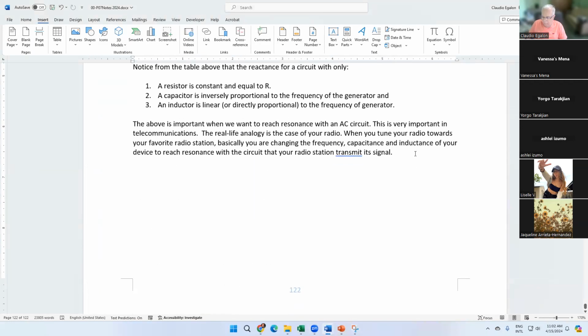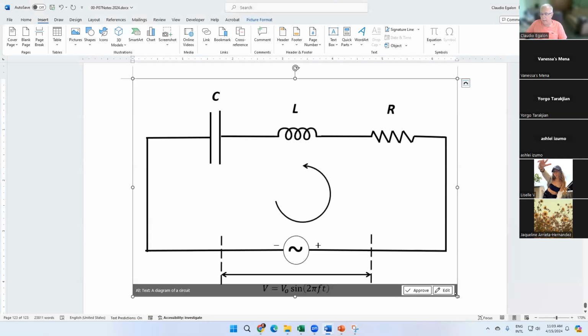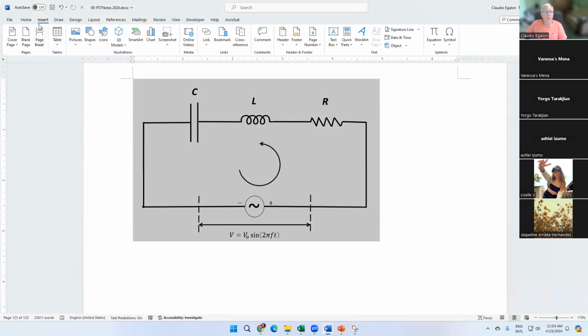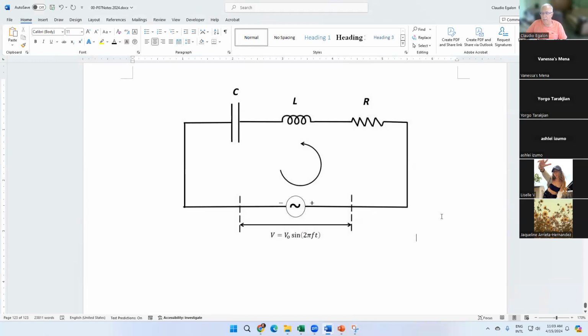That's the circuit diagram of an RLC circuit. Diagram of an AC RLC circuit.